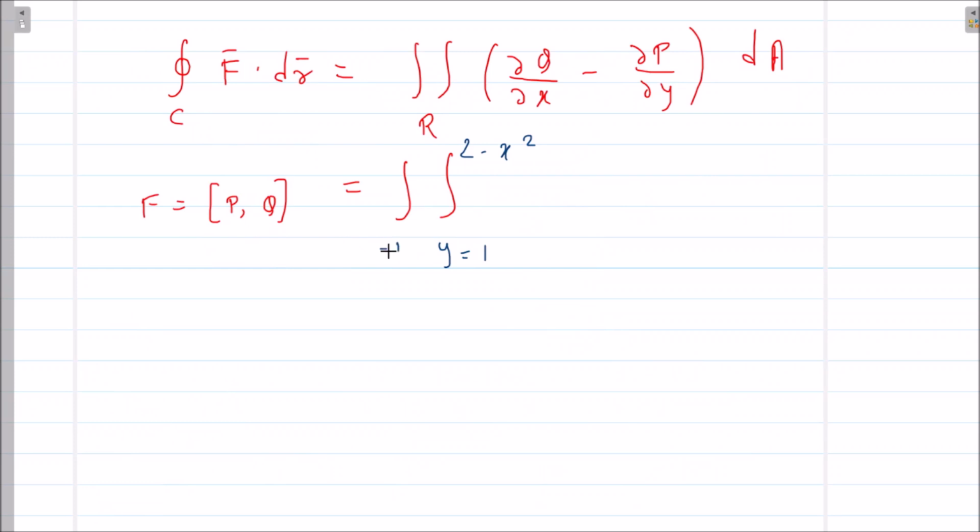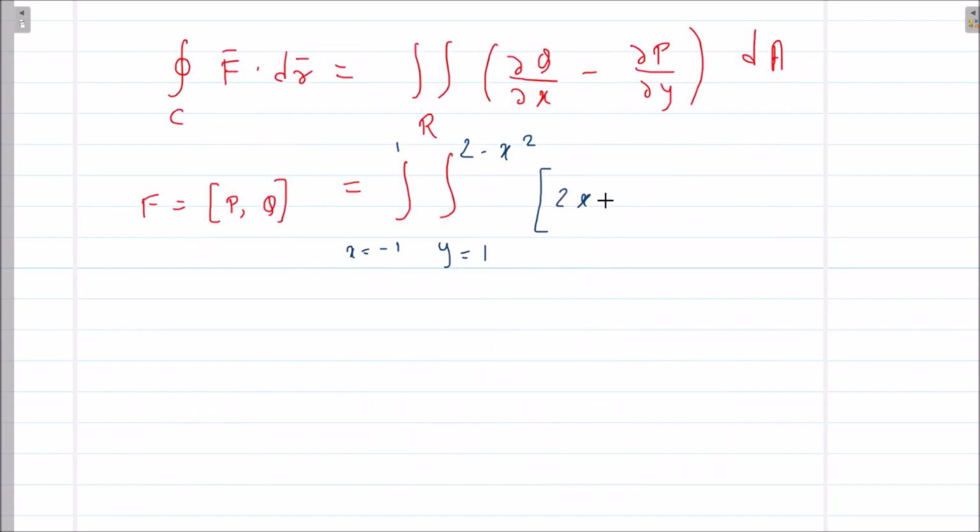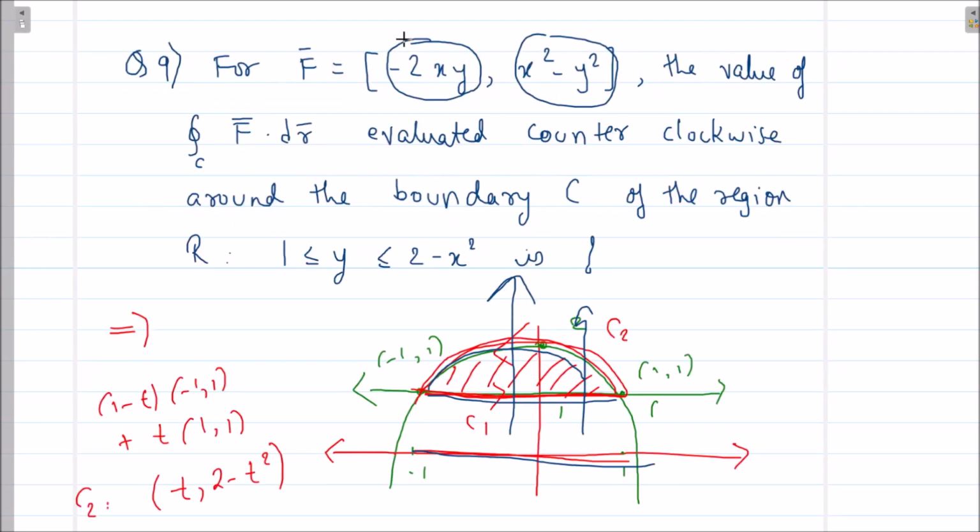So my x is going from minus 1 to 1. Now what is the second component with respect to x? This with respect to x is nothing but 2x, and this with respect to y is minus 2y, right? So you have 2x with respect to x, and what is this with respect to y? It is minus 2x.